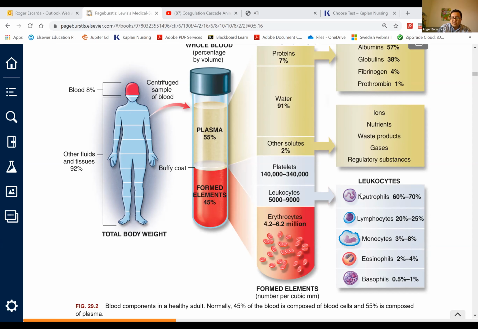So if it's mostly neutrophils, then yes, because what's the function of your neutrophils? Phagocytes. Yeah, to fight infection. When are they produced? Because you have inflammatory cytokines which stimulate the immune system. So neutrophils are increased in number when you have what invading your body?